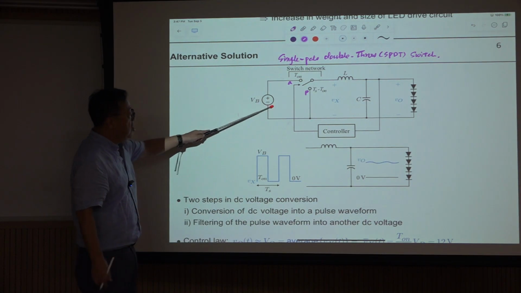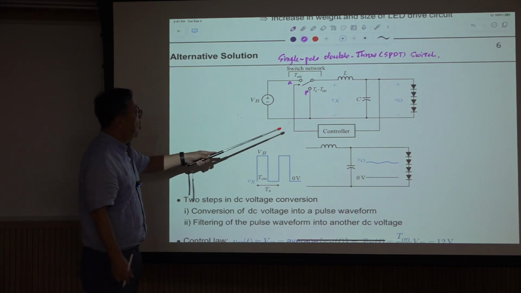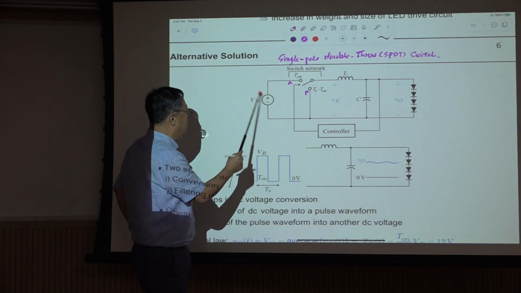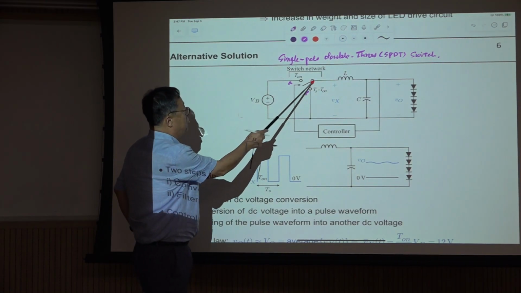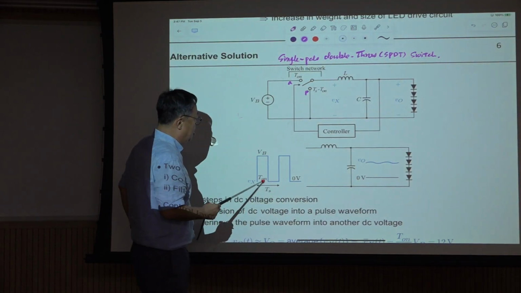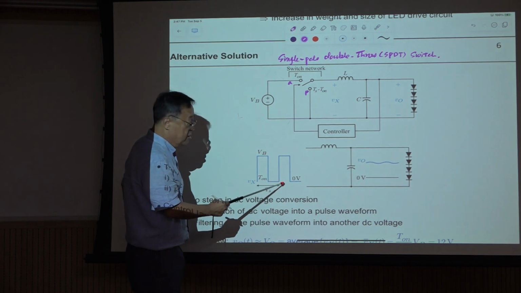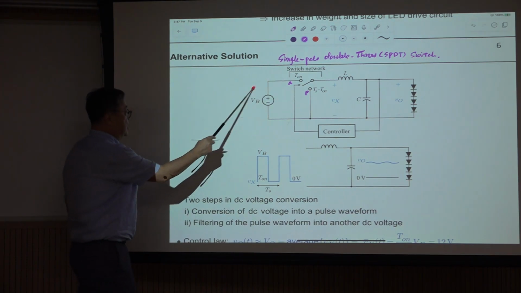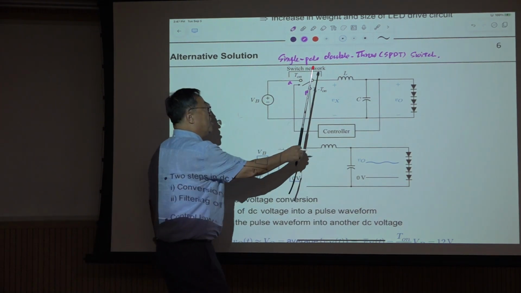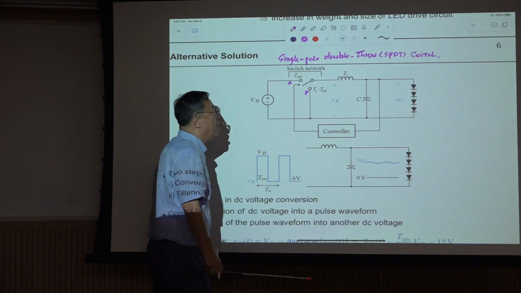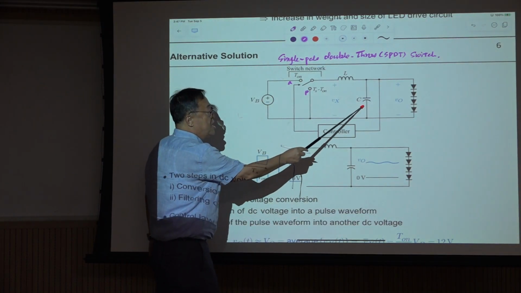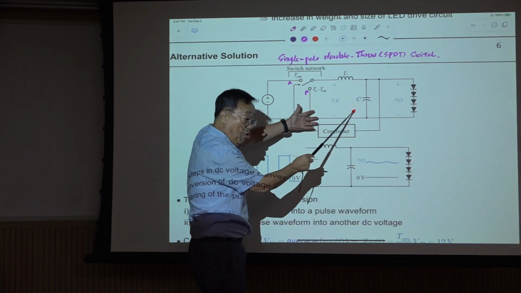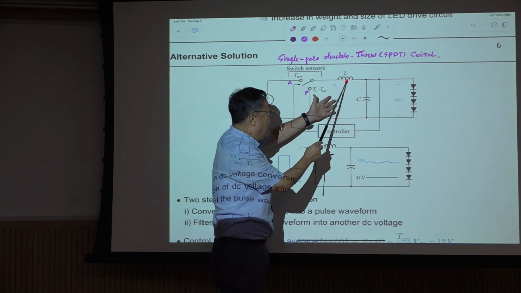So the voltage here is something like this. When this switch is connected to A, this Vx is the same as Vb. When this switch is connected to the passive terminal, it becomes 0. So this is a pulse waveform. This DC voltage is converted to the pulse waveform, and we have an LC and some resistance here. Then it consists of a low pass filter, LCR.